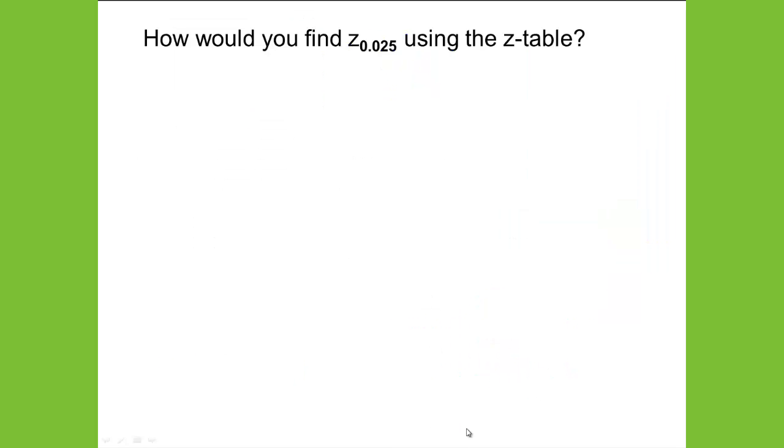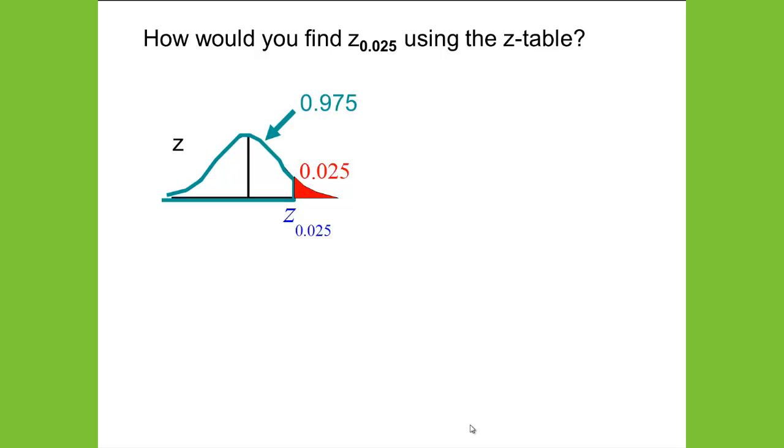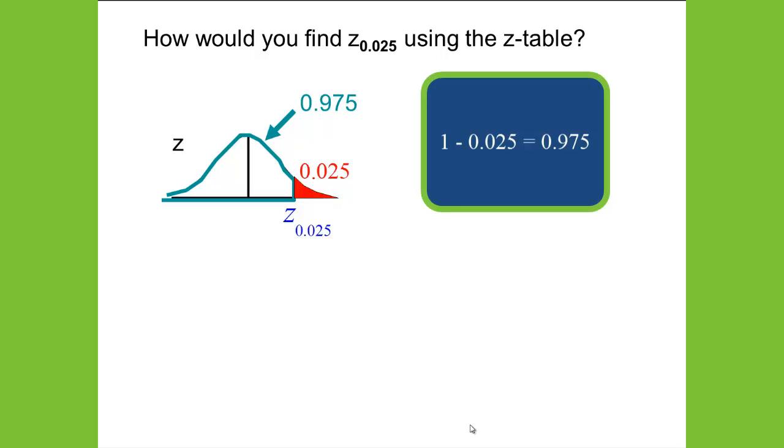So again, how do we find the z sub 0.025 using the table? Draw your picture. That gives us 0.025 in the right tail. The area to the left would be 1 minus 0.025, which is 0.975.